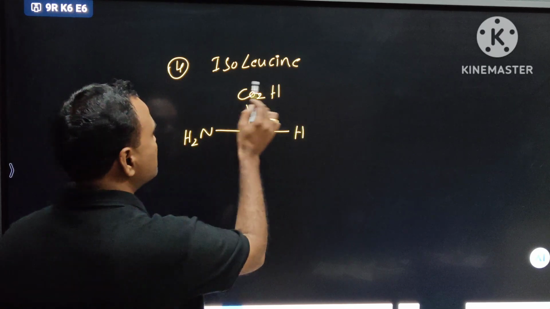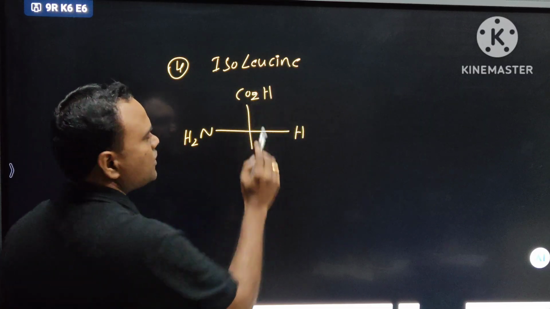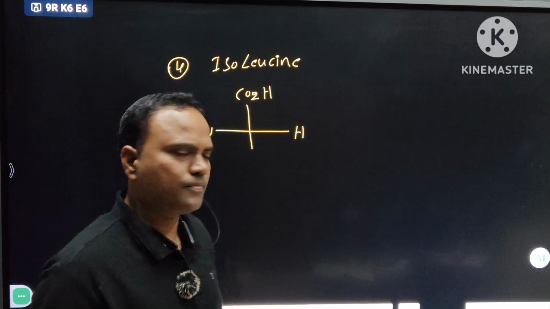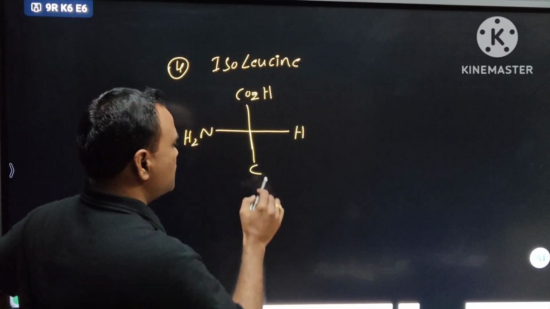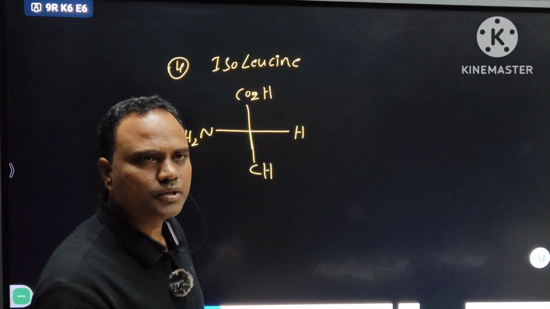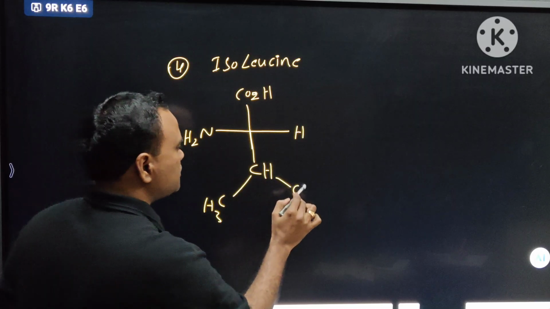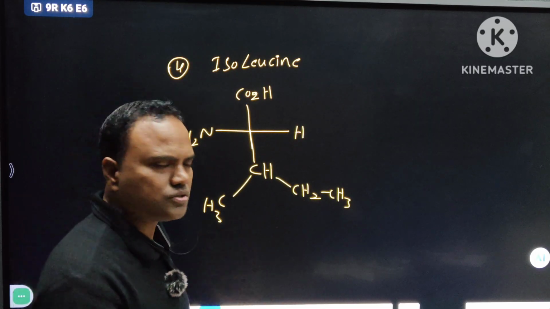Previously also we drew like this only. CO2H, you can write COOH also, no? Here C, H. What is the valence of carbon? 4. One side CH3, other side CH2, CH3, CH2, CH3.